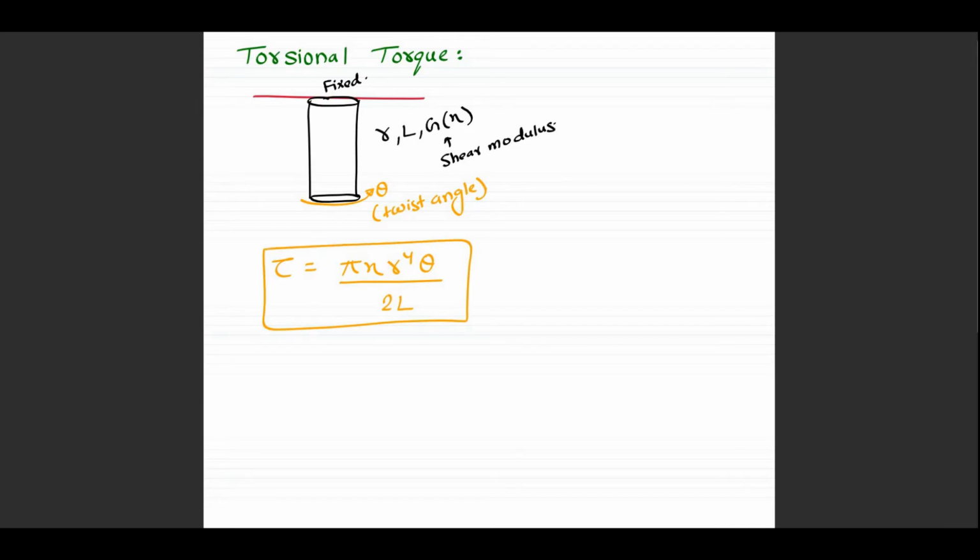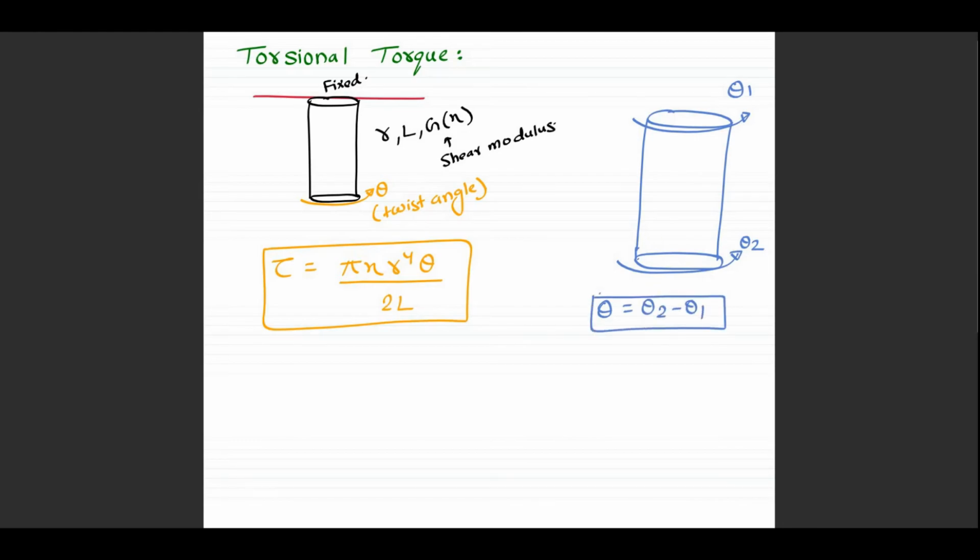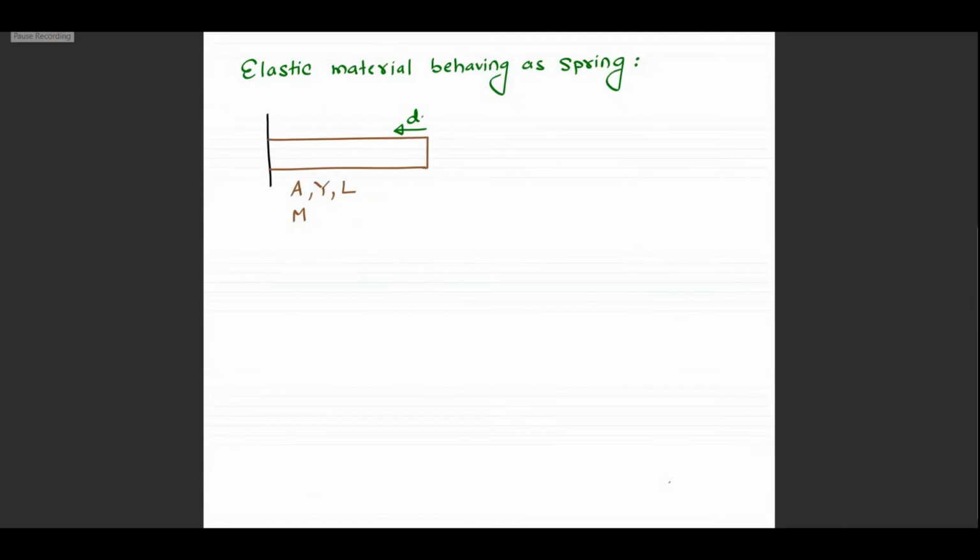Derivation is not required, but we just have to remember this formula. Now suppose this rope was under this condition, that this end was twisted by theta 1 and this by theta 2. Then theta would have been theta 2 minus theta 1. Right? And when I am saying length, I am referring to this length. So try remembering this formula. This can be important in certain direct formula-based questions.